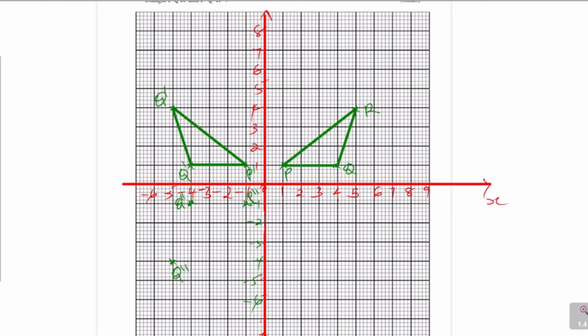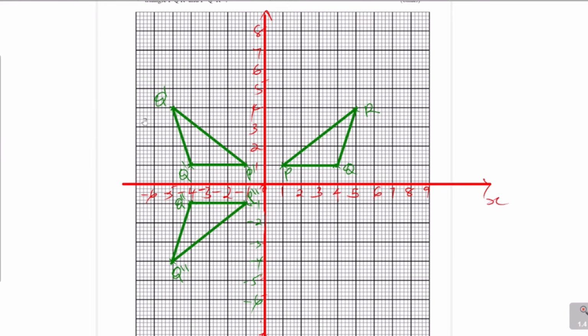So join these points once again. So you have all the 3 triangles and they should all be labeled clearly. All the points are supposed to be there.